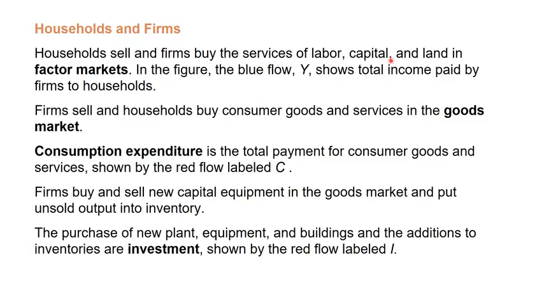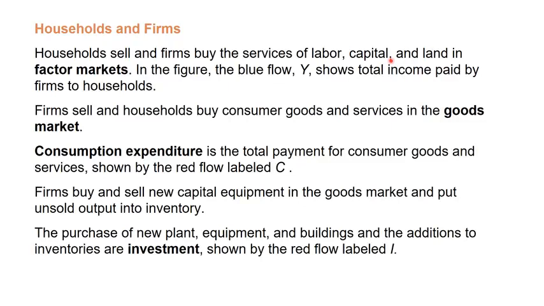The blue flow, which is Y, shows the total income, as I said before. Firms sell and households buy consumer goods and services in the goods market. Consumption expenditure is the total payment for consumer goods and services, shown by the red flow labeled C. We have C as consumption.